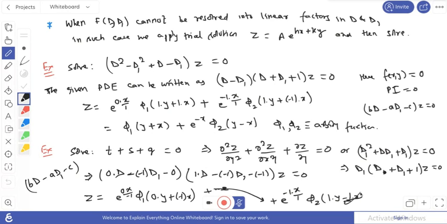Okay, so this equals to phi 1 of minus x and e to the power minus x phi 2 y minus x. So this is your solution.